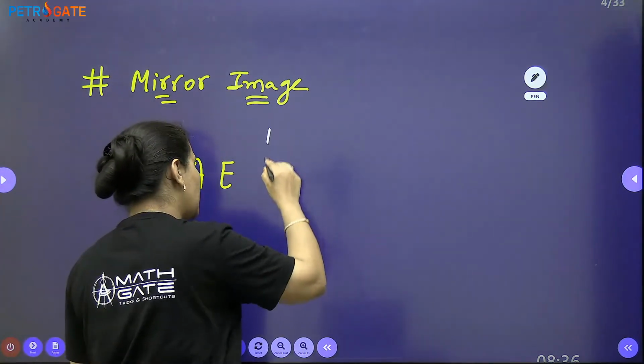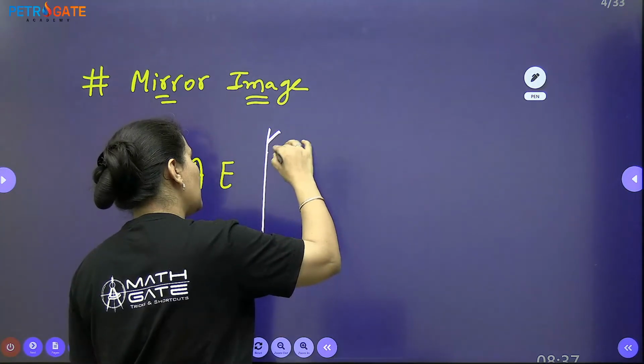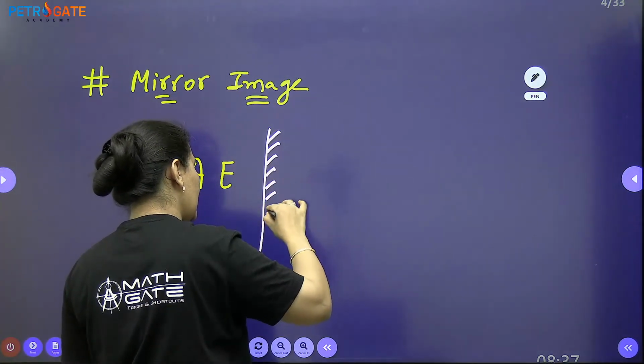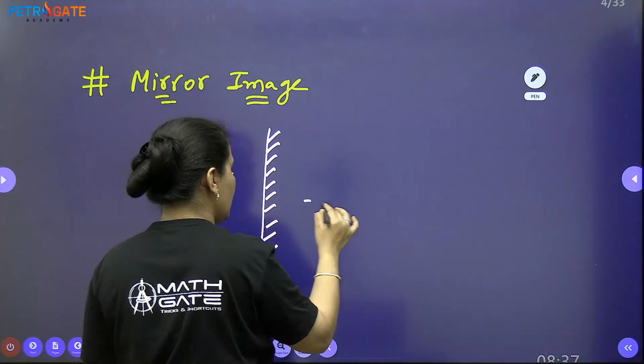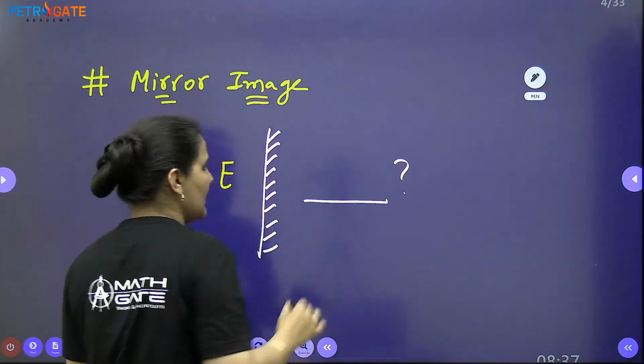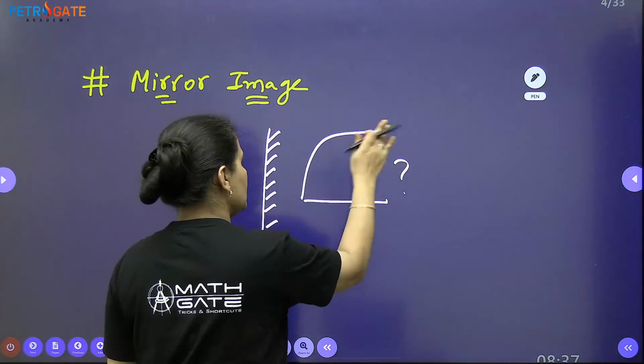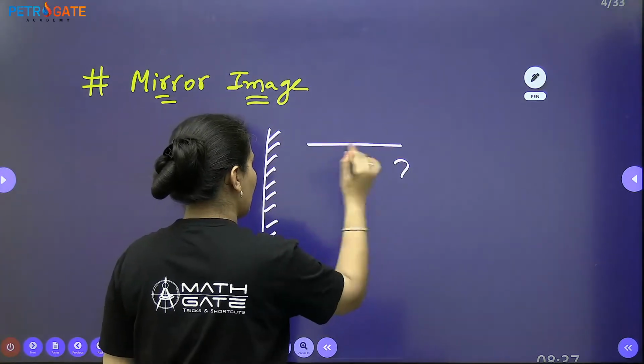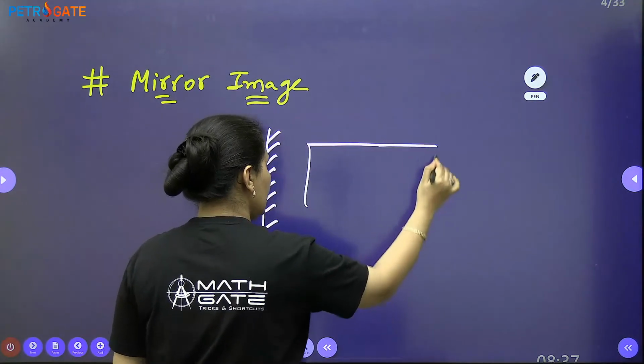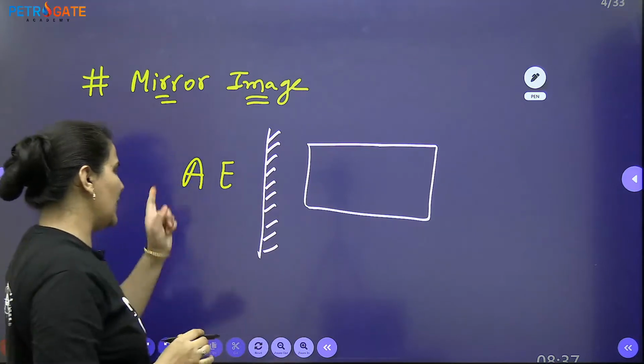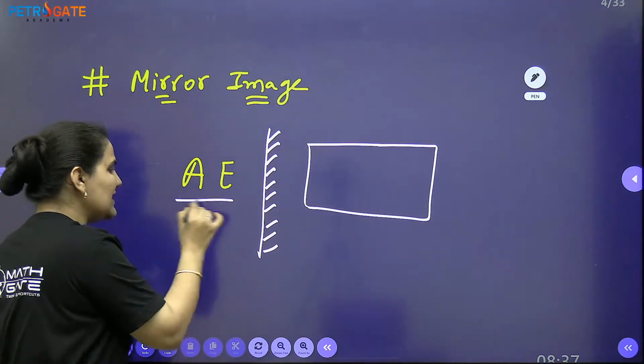In that particular case, the mirror is always placed here. Whenever we have to find the mirror image, the mirror is always placed here, and in this blank space we have to write down the mirror image of these given letters.